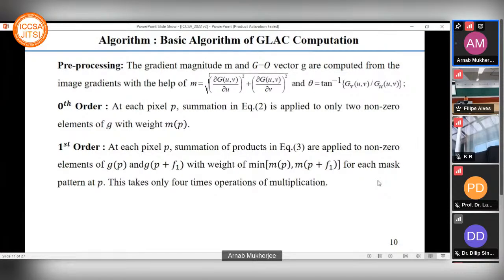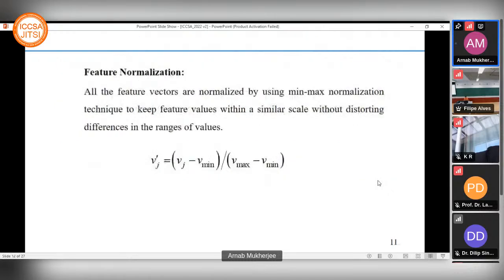Here, this takes only 4 multiplication operations. The next step is Fisher normalization. All the Fisher vectors are normalized using the min-max normalization technique to keep Fisher values within a similar scale without distorting differences in the range of values.